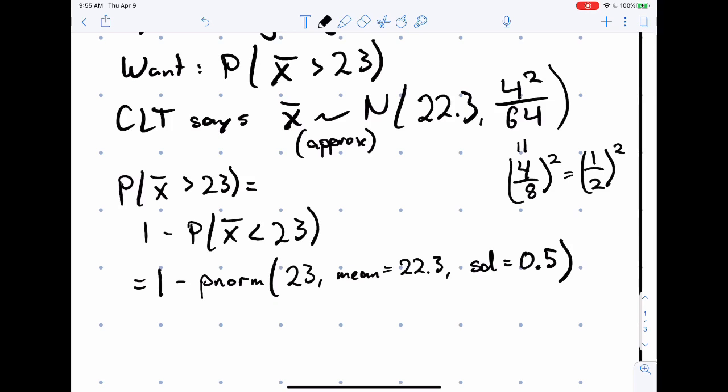So this is the R code to solve this. When you plug this into R, you get 0.0808 as your answer.